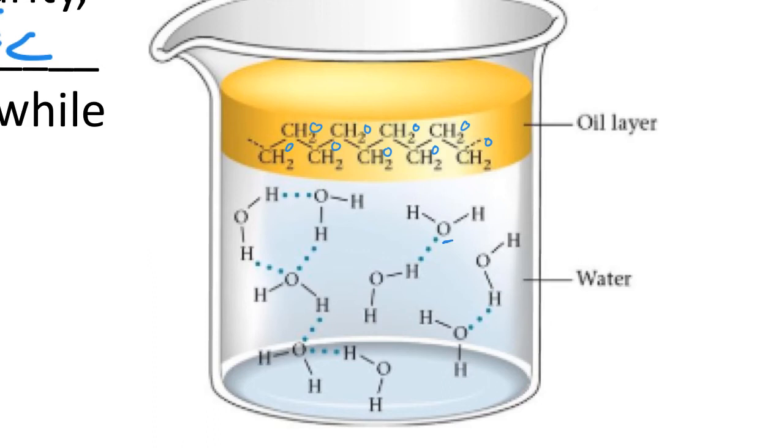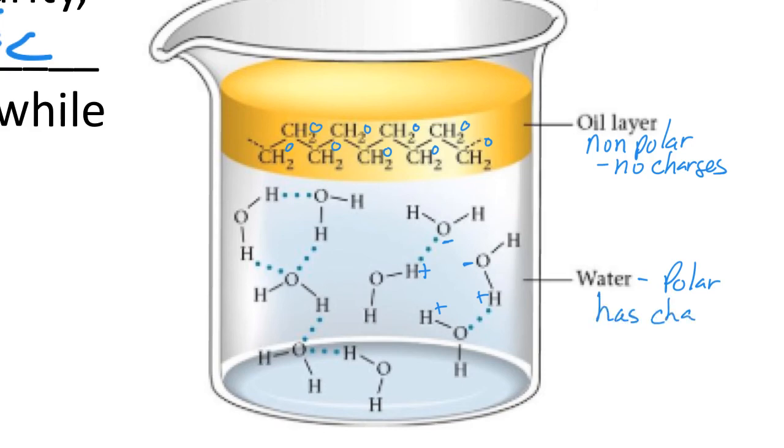This has got a slightly negative charge, negative charge, positive charge, and so on. There's a lot of charges going on here. So this is nonpolar, no charges. And water is polar because it has charges, positive and negative charges.